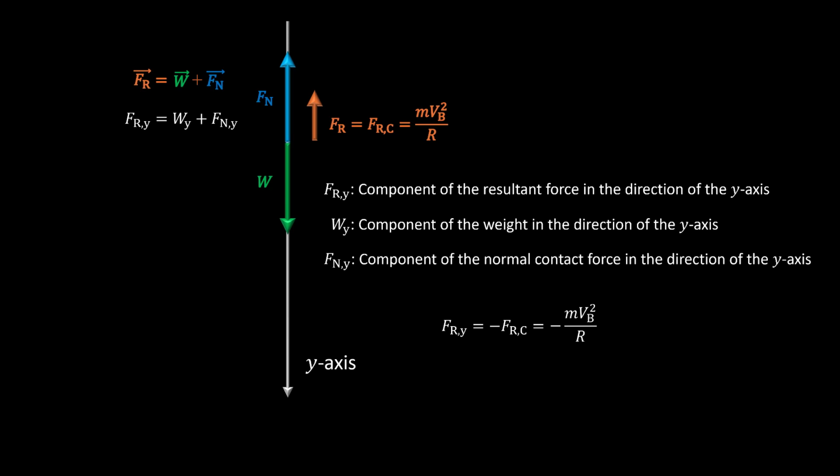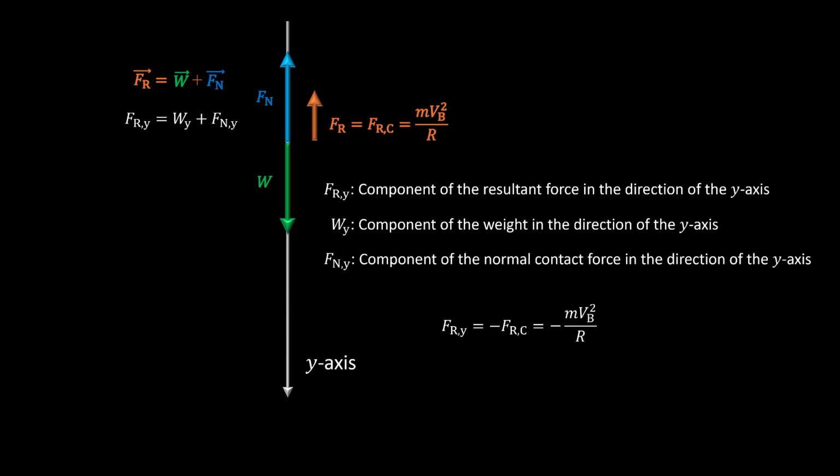The minus here is because the centripetal force is contributing its value opposite to my y-axis. So I substitute it as a negative, which can be read as the resultant force is contributing minus mvb squared over r in the direction of my y-axis. Pay attention to what I have said.